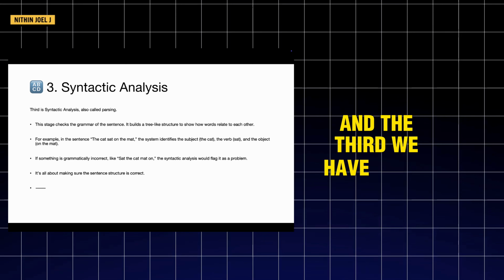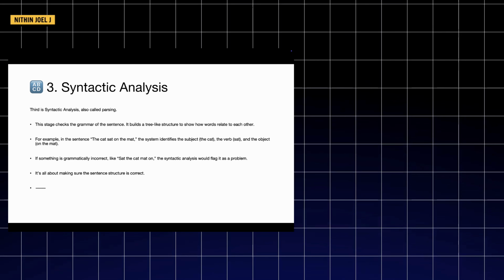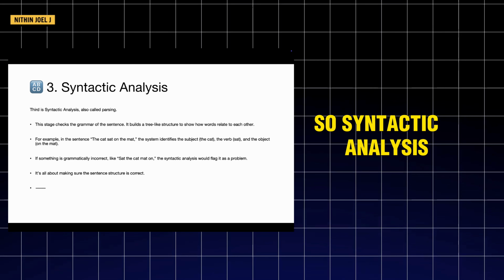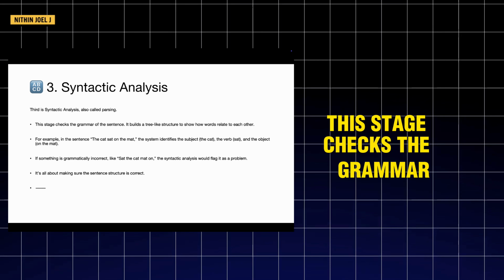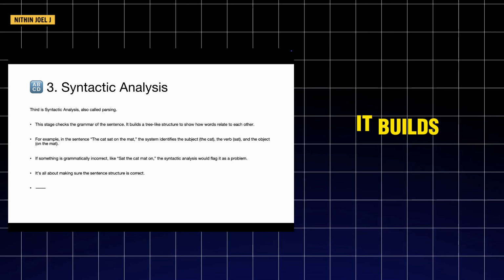And the third we have syntactic analysis. Syntactic analysis is also called parsing. This stage checks the grammar of the sentence. It builds a tree-like structure to show how words relate to each other.